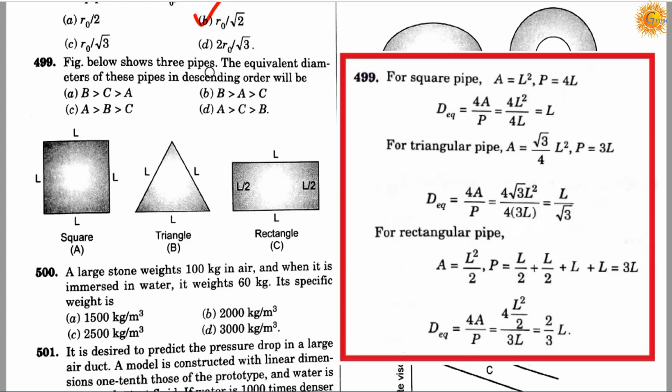There are cross sections of the pipes: A is a square, B is triangular, and C is rectangular. Option A, B is greater than C is greater than A. Option B, B is greater than A and A is greater than C. Option C, A is greater than B and B is greater than C. And option D, A is greater than C and C is greater than B. So the correct answer is D, because in this way A is greater than C, and C is greater than B.